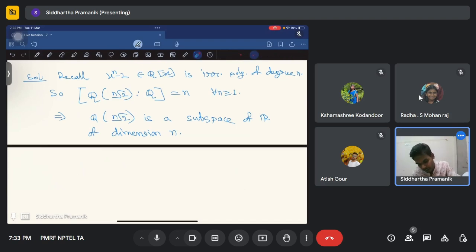So this vector space R has a subspace of arbitrarily large dimension. So it cannot be of finite dimension. So R cannot have finite dimension over Q.